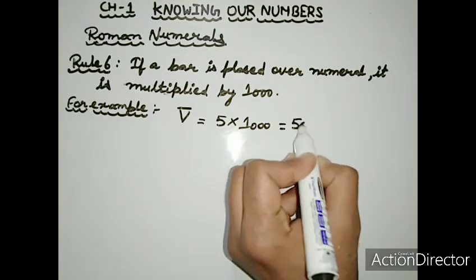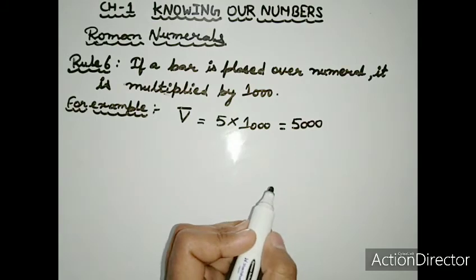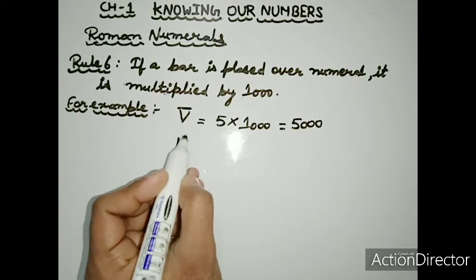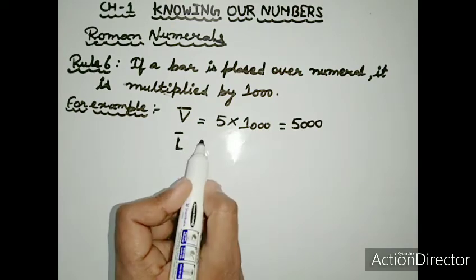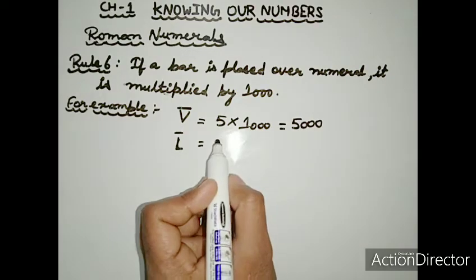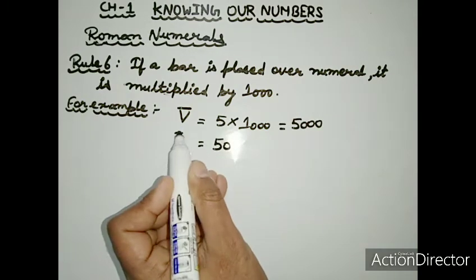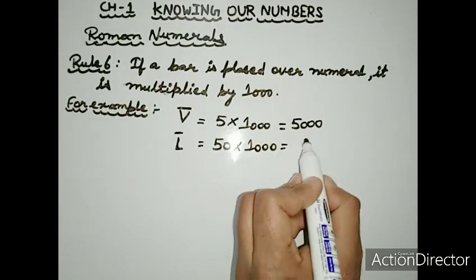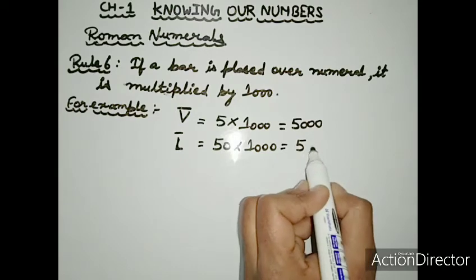So 5000. Now the next number, here we write L and place a bar on it. And L means 50. So here 50 multiplied by 1000. Then we get 50,000.